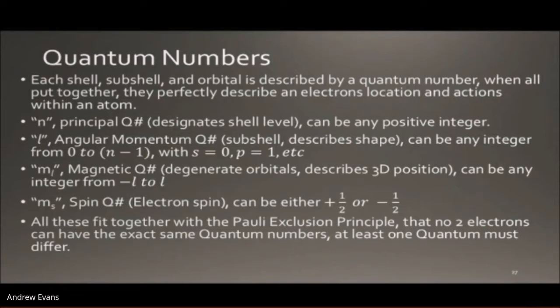No exact same n, l, m sub l, and m sub s. Two electrons have to differ in at least one of those numbers. As long as that's true, it's a valid configuration. So each shell, subshell, and orbital is described by these quantum numbers. When put together, they perfectly describe where the electron is in the cloud.